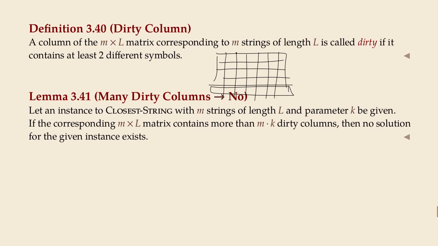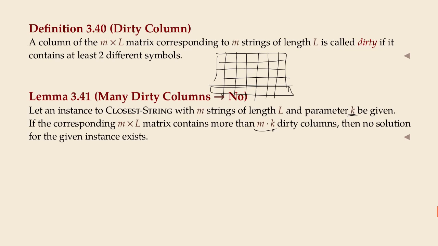And now you can imagine if there are too many dirty columns, you will not find a solution. And a very simple bound is this. If you allow a distance of k mismatches between the consensus and all the input strings, then if you have more than m times k dirty columns, you're out of luck.